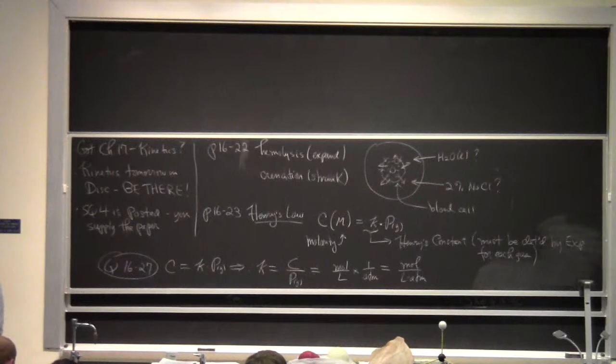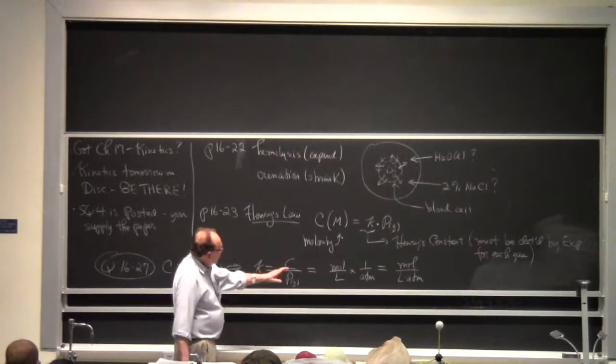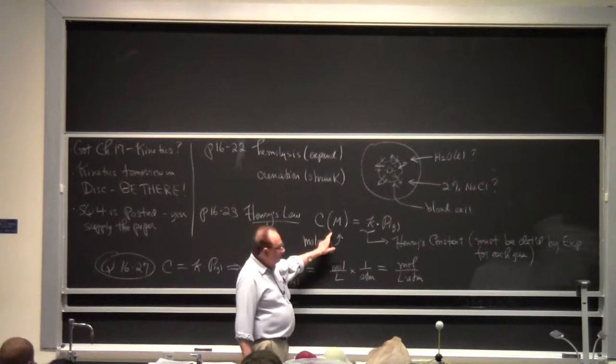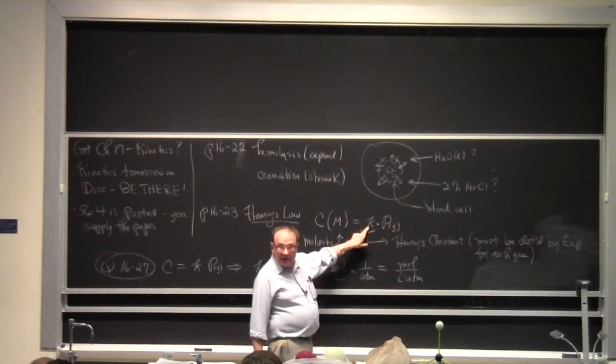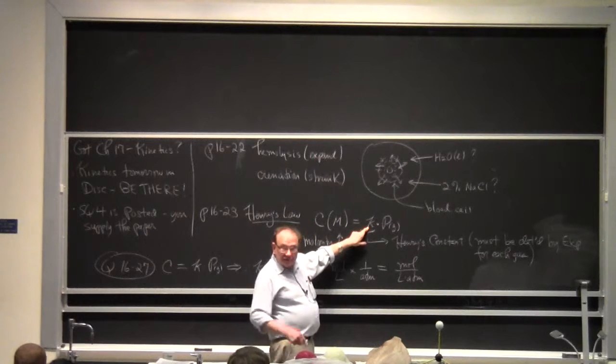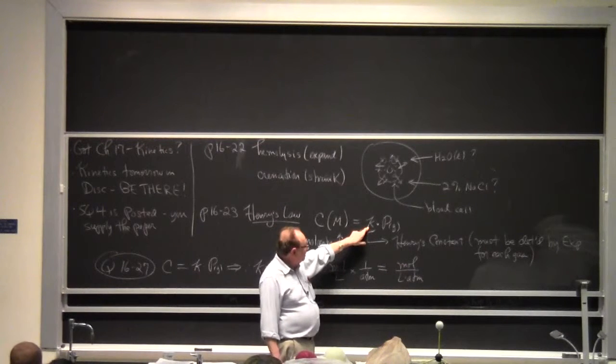This is shown by Henry's law, where concentration as a function of molarity is equal to the Henry's constant. So again, we got one of these k's in here. Not to be confused with other k's like the freezing point depression constant, boiling point elevation constant.